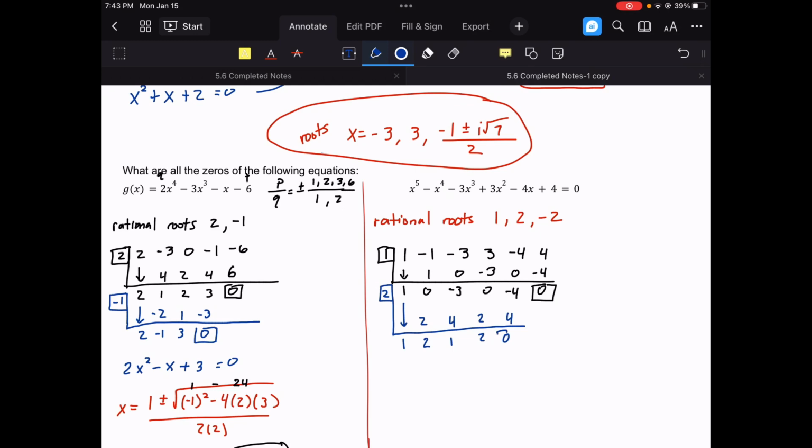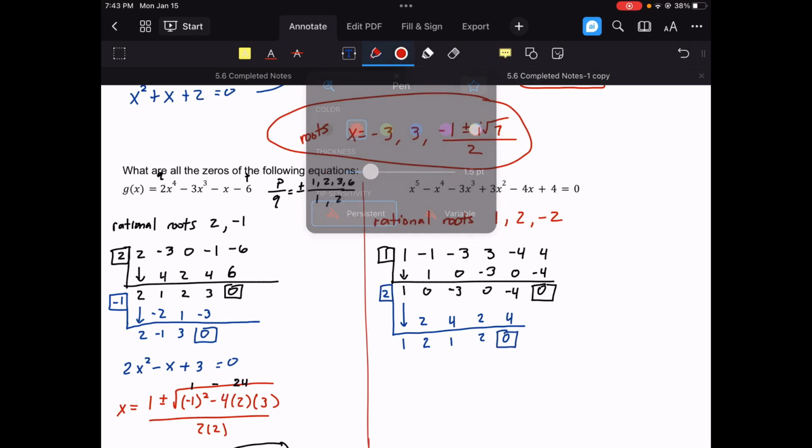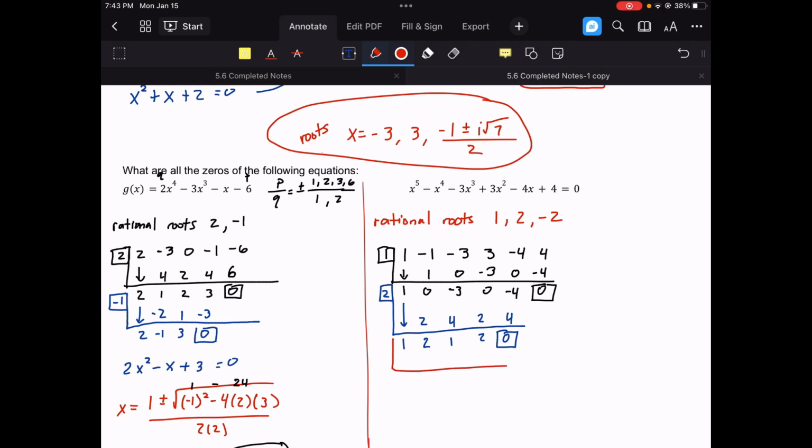We get a remainder of 0, so we're good there. And then we do this one more time with our last rational root, which is negative 2. Negative 2 times 1 is negative 2, so this becomes 0. 0 times negative 2 is 0. We get 1, negative 2, remainder of 0.